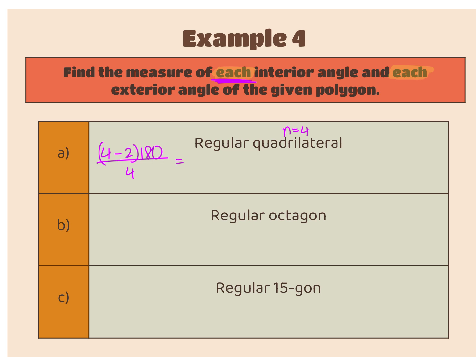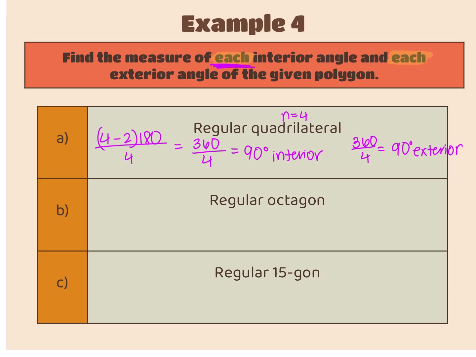So 4 minus 2 times 180 is going to give me 360. I'm dividing it by 4. I'm going to have 90 degrees for my interior. And then exterior is always going to equal 360, but it wants each, and I'm dividing that by 4. This is also going to give me 90 for my exterior. So 90 for interior and exterior.